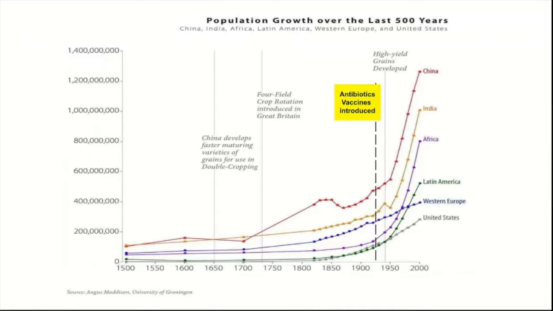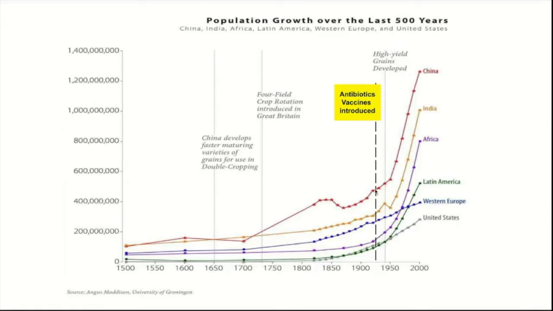Take a look at this one in yellow, antibiotics and vaccines that are introduced around the year 1925 to 1930. And then right next to that, high yield grains developed. Look, right before 1950, you can see the Green Revolution plus accessibility to medical technology.